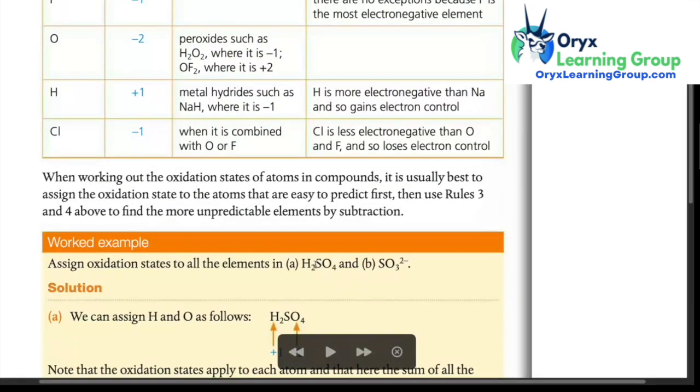Is anyone not clear with the question? Please let me know. If you don't answer, I assume that you all are clear. Are you clear or not clear? Okay. So the question is to assign oxidation states to all the elements in H2SO4. Please try it out, we'll discuss.